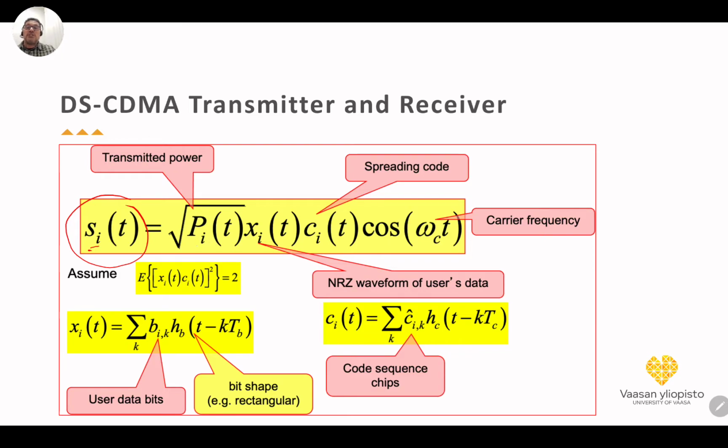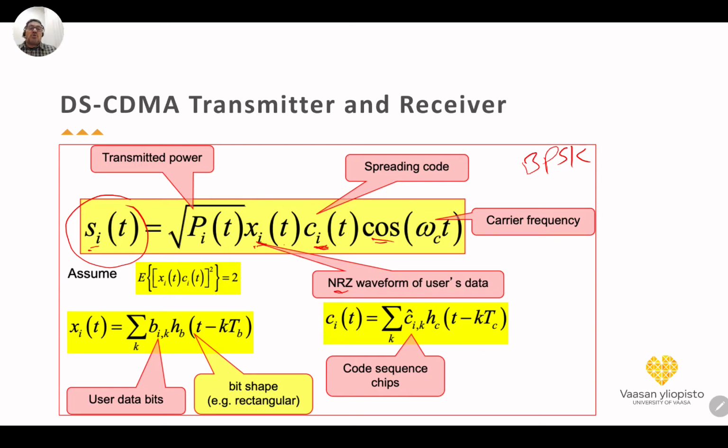Pi is the transmission power of user i. Xi is the information signal. It is non-return to zero, so it is a multiplication: Xi of t multiplied by Ci, the spreading code of user i, and this is the modulation, cosine omega ct, because as I said, it is binary phase shift keying. This is what we assumed here.